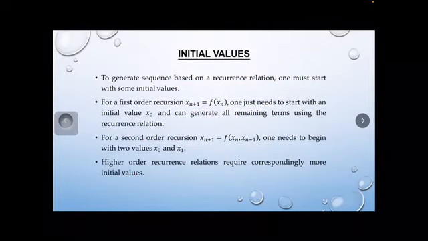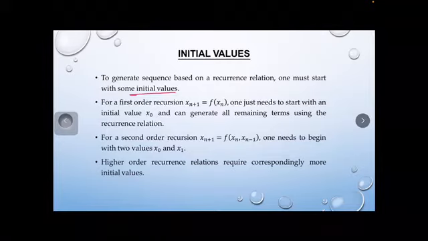Now initial values. To generate a sequence based on a recurrence relation, one must start with some initial values. Earlier I told you that to find the series from the recurrence relation, we need the initial values. Without initial values we can't find the series.